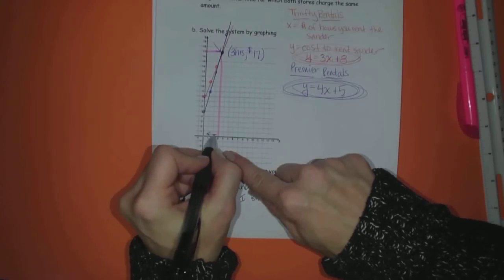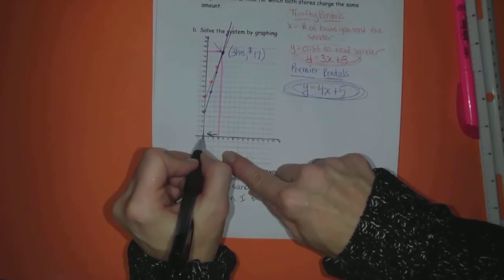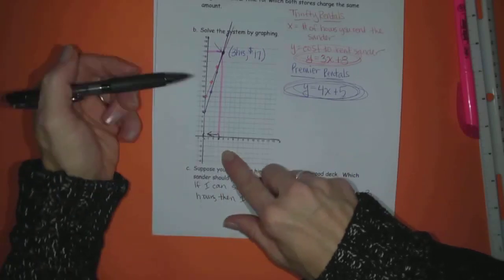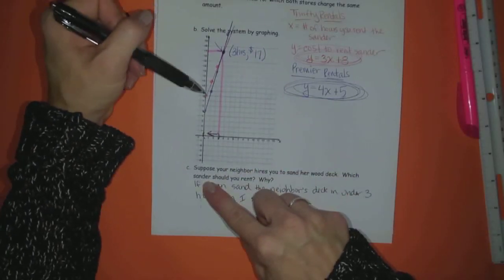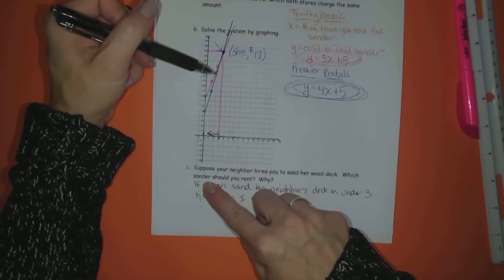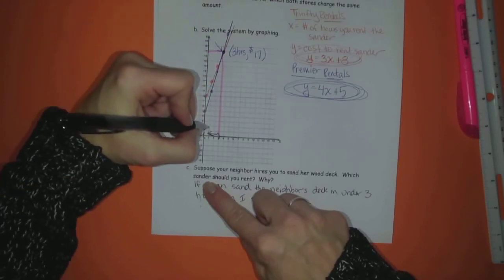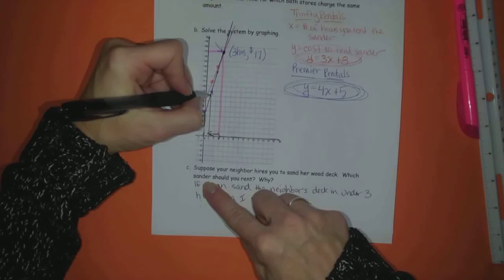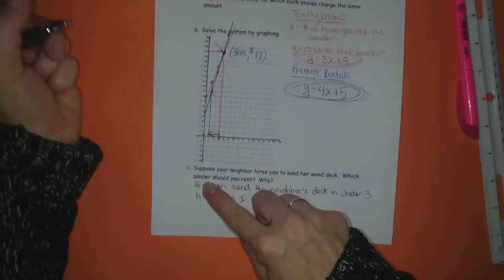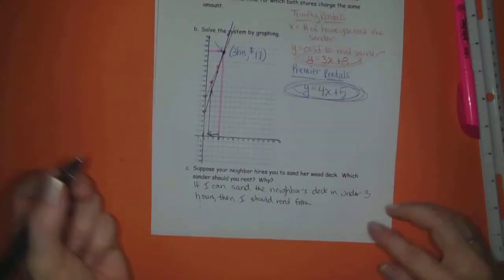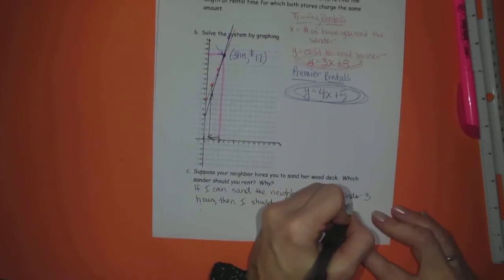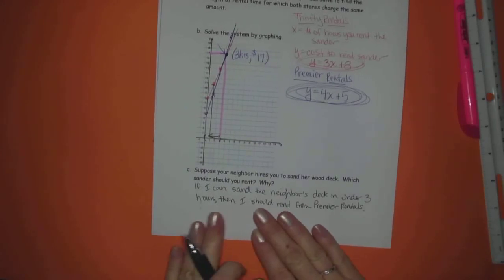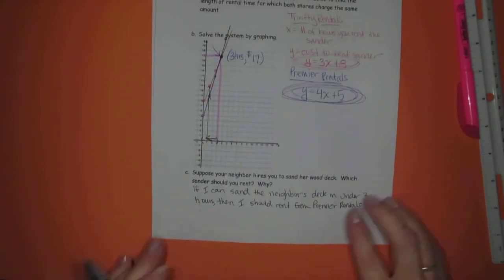Let's look to the left of 3 hours. So if I can do it in 0 to 3 hours, do you see how the blue line is under the red line? So I would rent from the blue. If you go up here at 1 hour, see the blue line only costs me $9. The red line's going to cost me $11. So Premier is cheaper if I can do the job in under 3 hours.